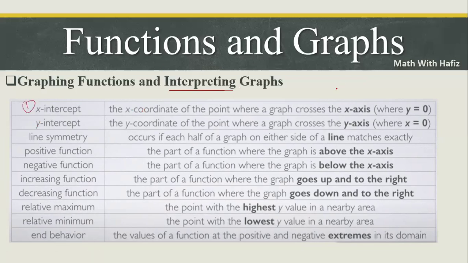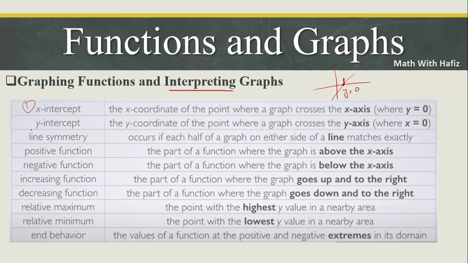X-intercept means a point at which the graph will cross your x-axis. For example, you have this xy plane, and we have a linear function which starts like this. So this is a point where the value of y will be 0. Whatever the value of x will be, it will be known as the x-intercept.